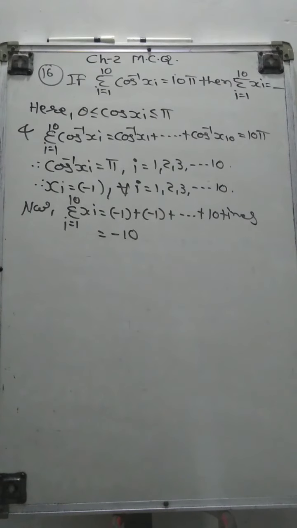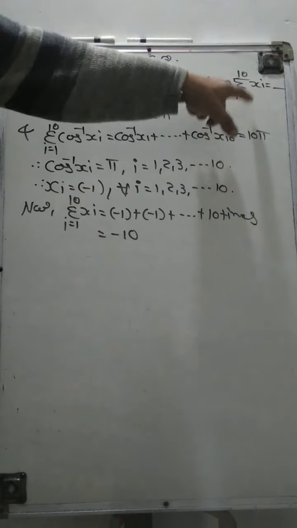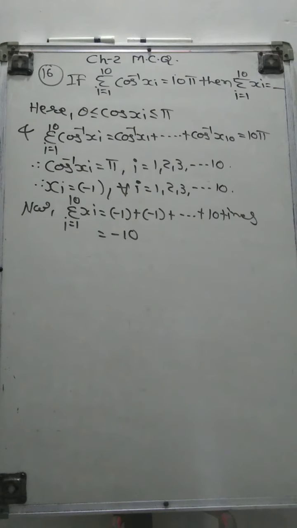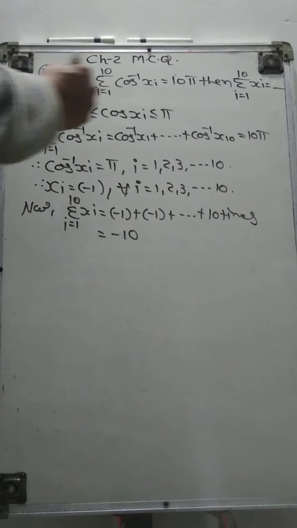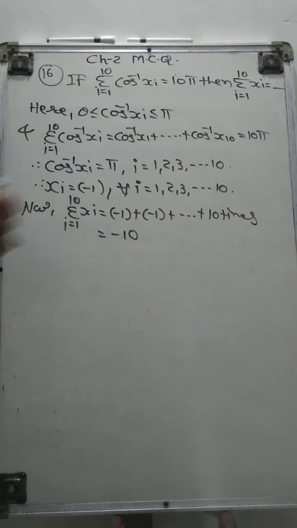So here, if sigma i equal to 1 to 10, cos inverse xi is equal to 10 pi, then sigma i equal to 1 to 10, xi is equal to dash. So here first of all, 0 is less than or equal to cos inverse xi, and cos inverse xi is less than or equal to pi.